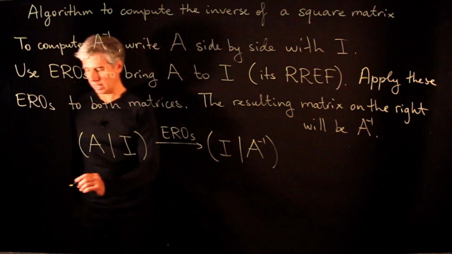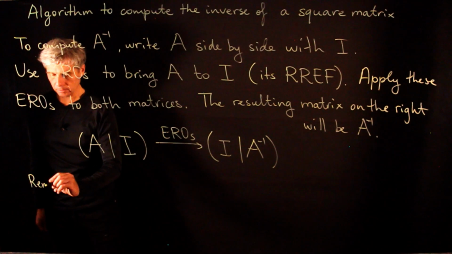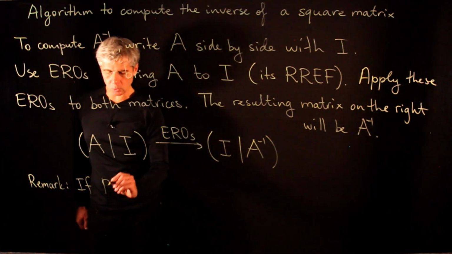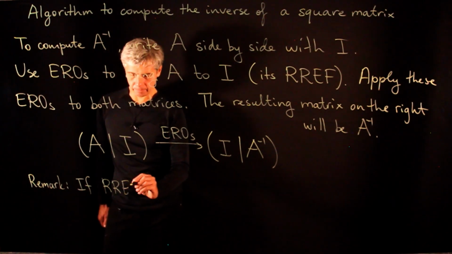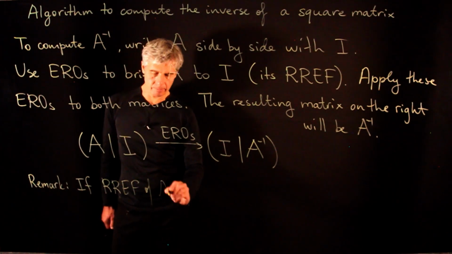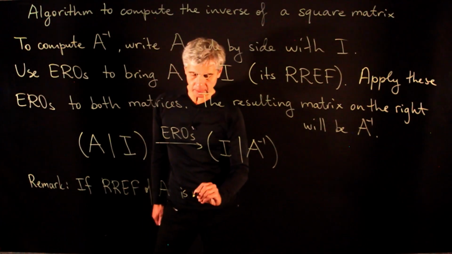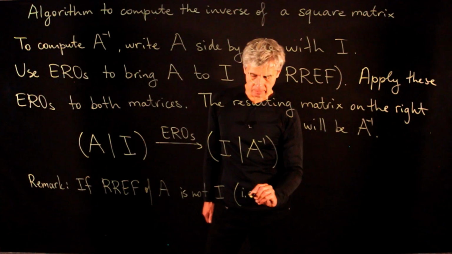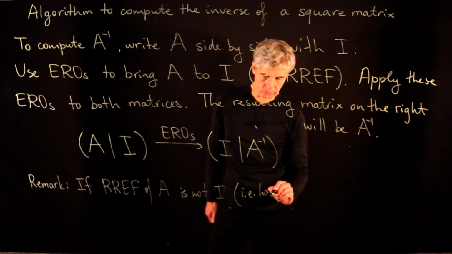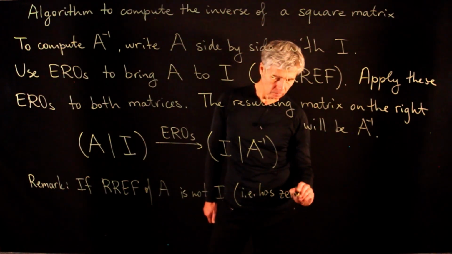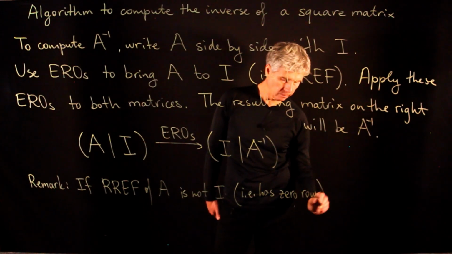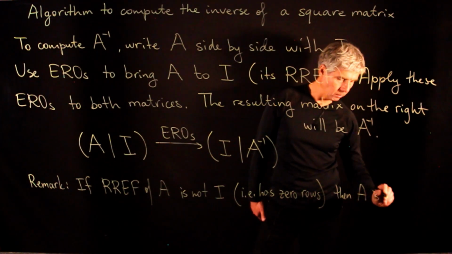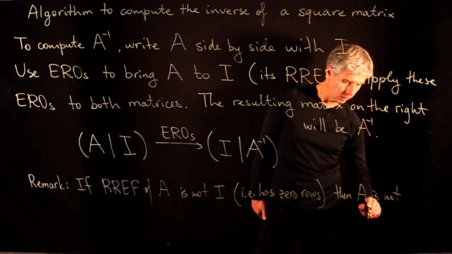Right? So remark, if reduced row echelon form of A is not the identity matrix, so that is has 0 rows, then A is not invertible.